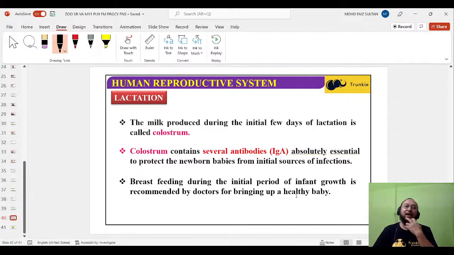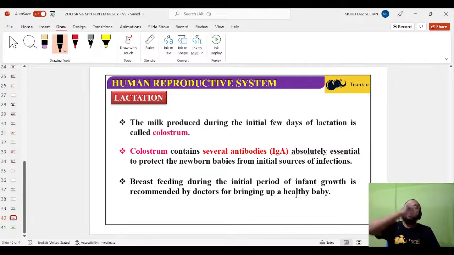It is absolutely essential to protect newborn babies from initial sources of infection, because once the baby is exposed to the outside world, I mean it comes from the womb of the mother, it may have some infections. We are exposed to several infections, and we are not catching the disease, because we are protected by the immune system we have, but the child has not developed any strong immune system yet.